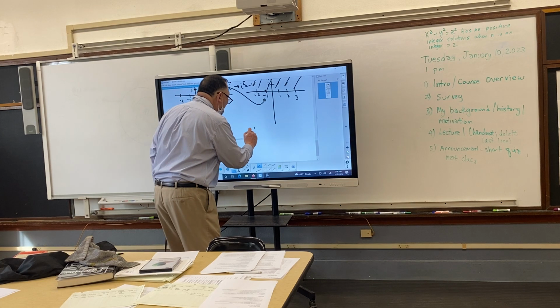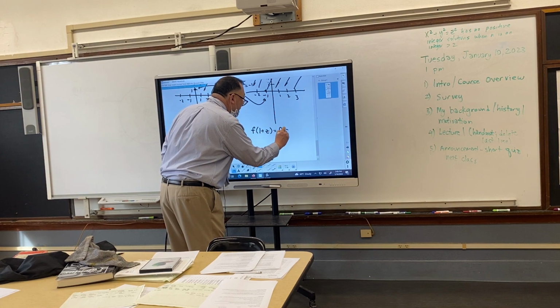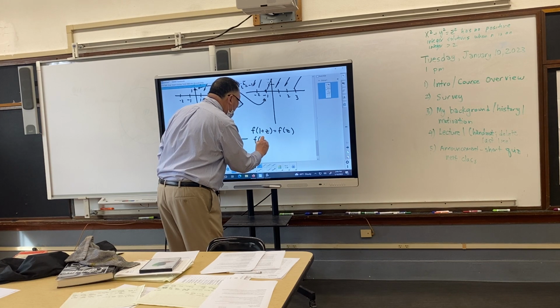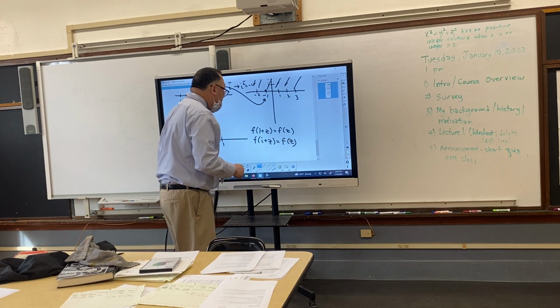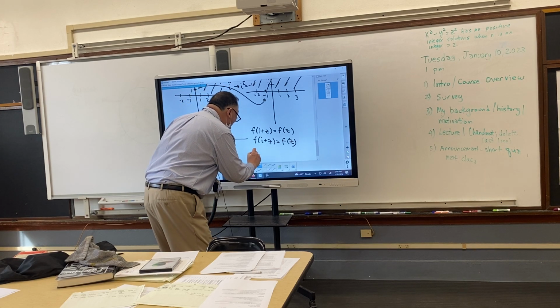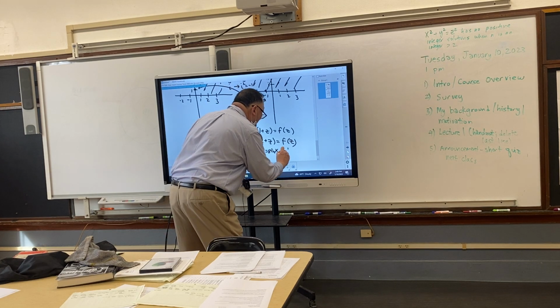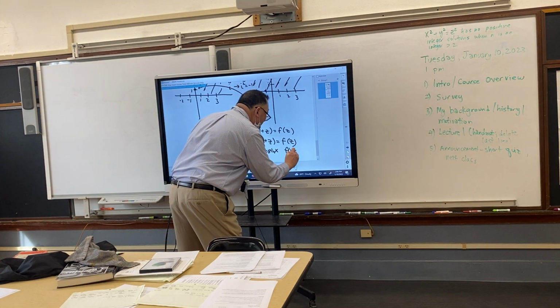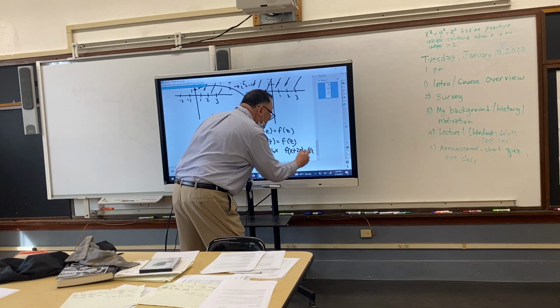I could say that f of 1 plus z is equal to f of z, and f of i plus z is equal to f of z. Just like for sine, f of x is equal to sine x, and f of x plus 2 pi is equal to f of x.